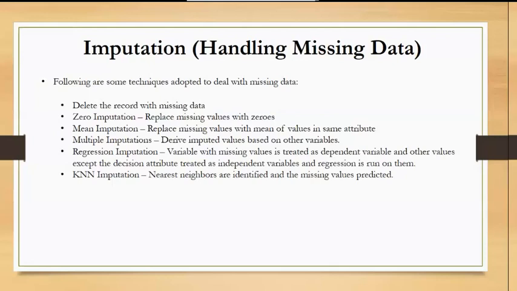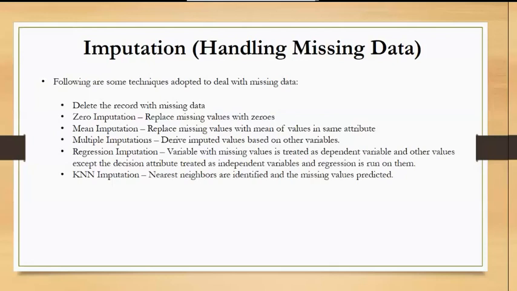Regression imputation, where a variable with missing value is treated as a dependent variable and other variables except the decision attribute are treated as independent variables and regression is run on them. You will see this regression concept later, but what you essentially do is predict the missing value using the other variables.